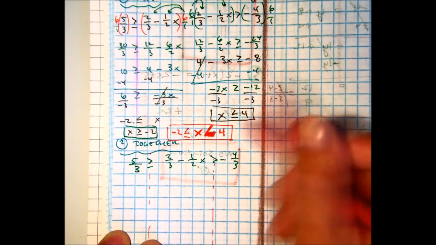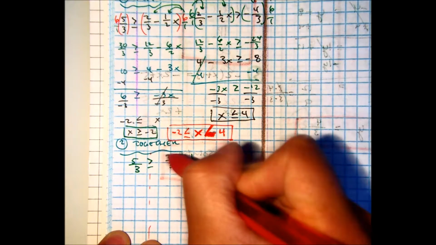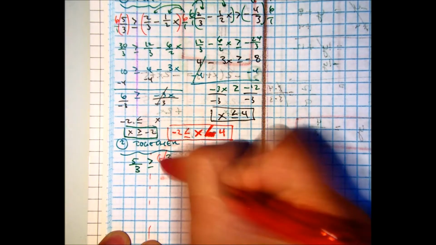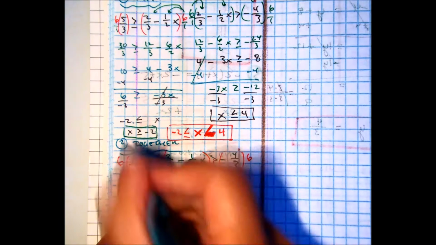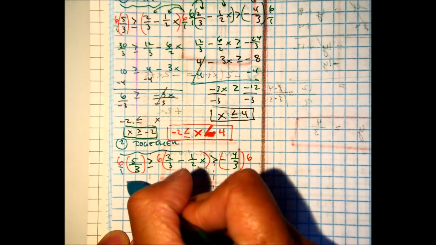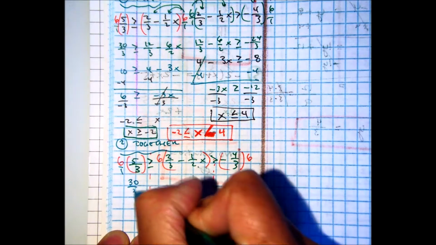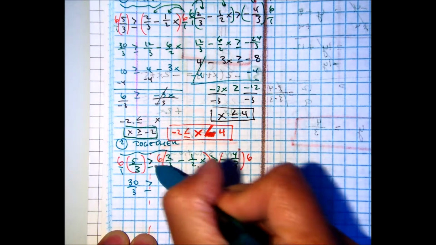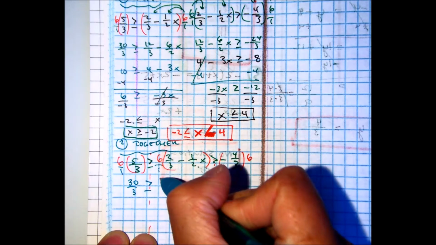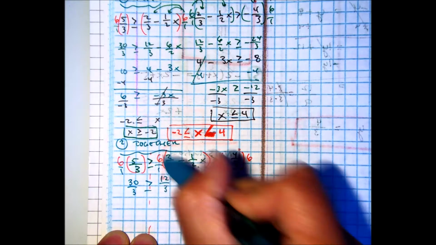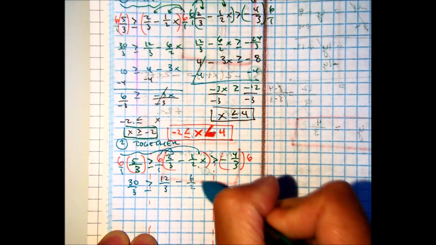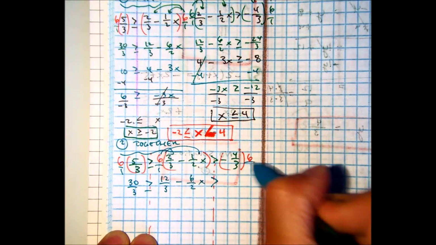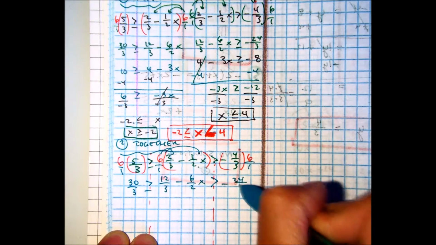What number, class? 6. This will become 30 over 3, greater than or equal to, this will become 12 over 3. Distribute, so that will become negative 6 over 2x greater than, and then this one, negative 24 over 3.